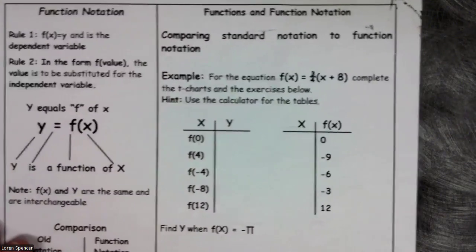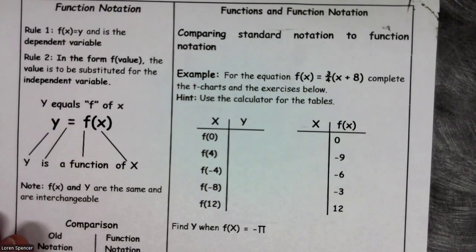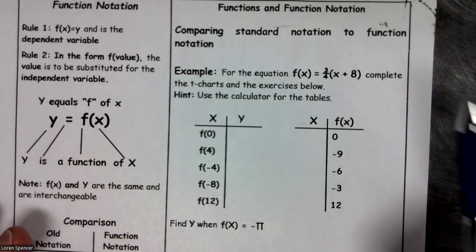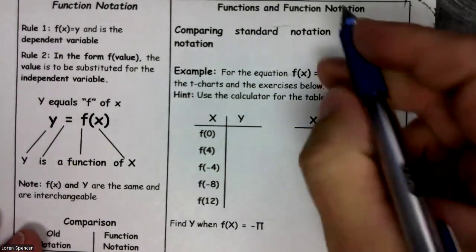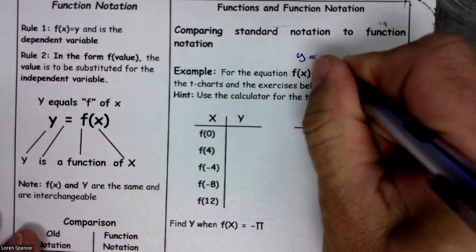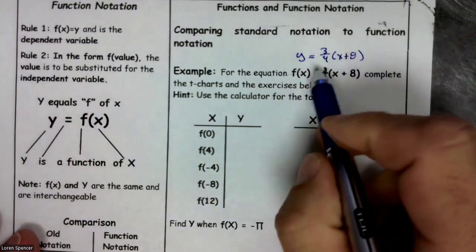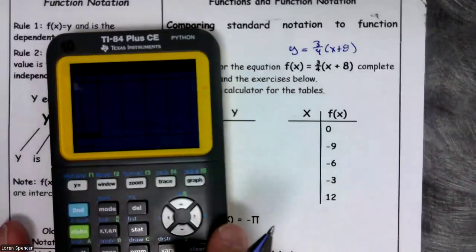Oh, good, fractions. So for the equation f of x equals 3/4 x plus 8, complete the t-charts. Well, first off, remember, this is the same as saying y equals 3/4 x plus 8. And the reason that's important to remember is because that's where you're going to go in the calculator.